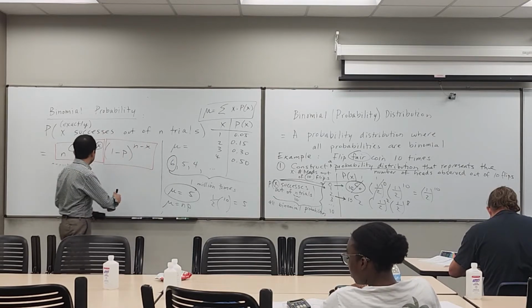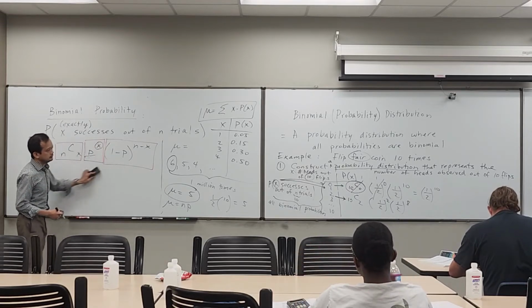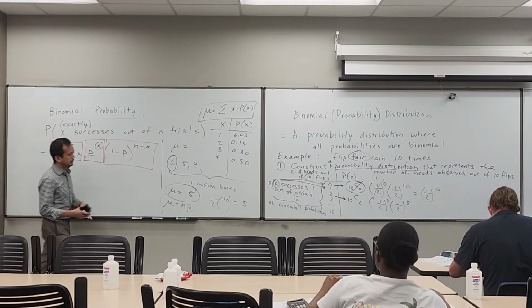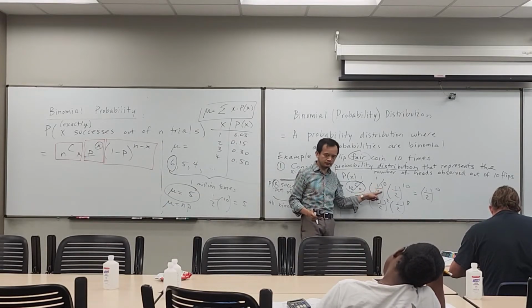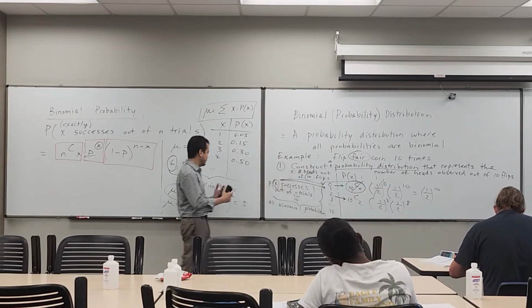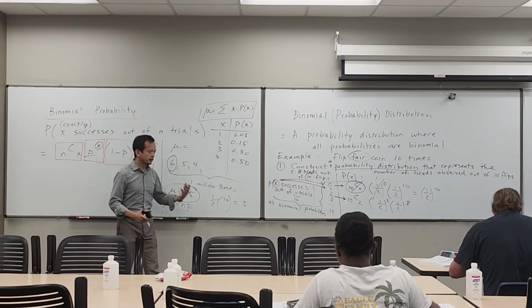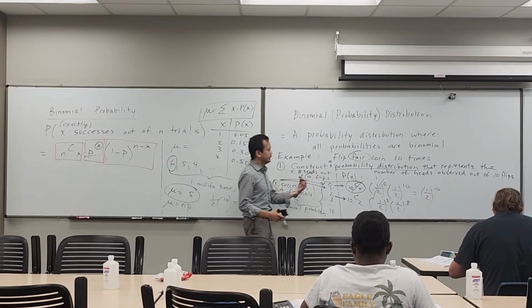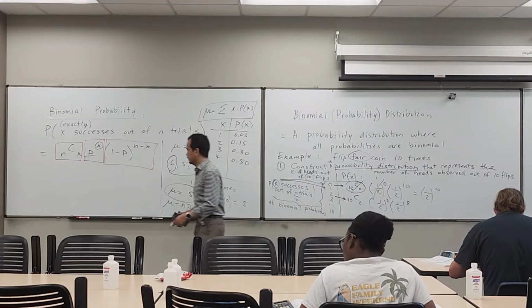So let's do another example while the question is fresh. So the question is, in this case, the probability of success and non-success, heads or tails, is the same. So it seems like that would be kind of coincidental and affect whether this formula works or not. And so let's see an example now where the probability of success and non-success are actually different and see whether the formula works.